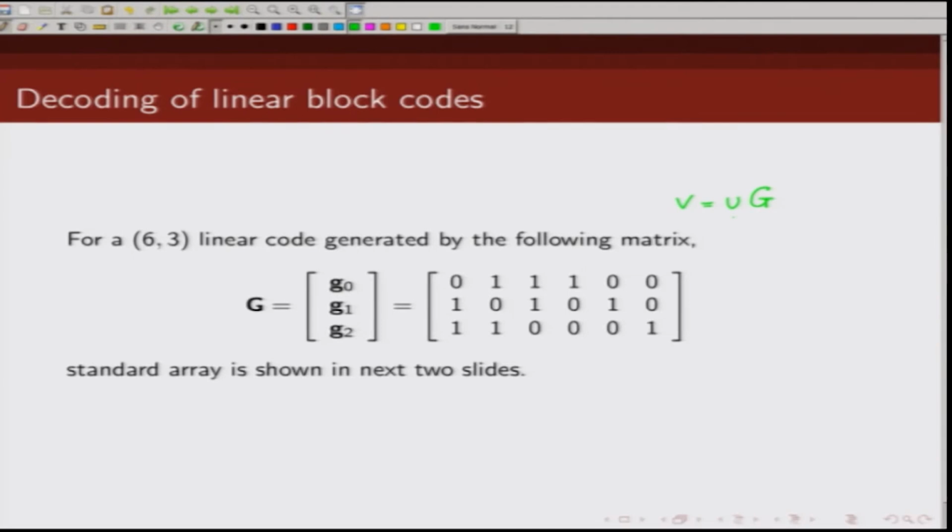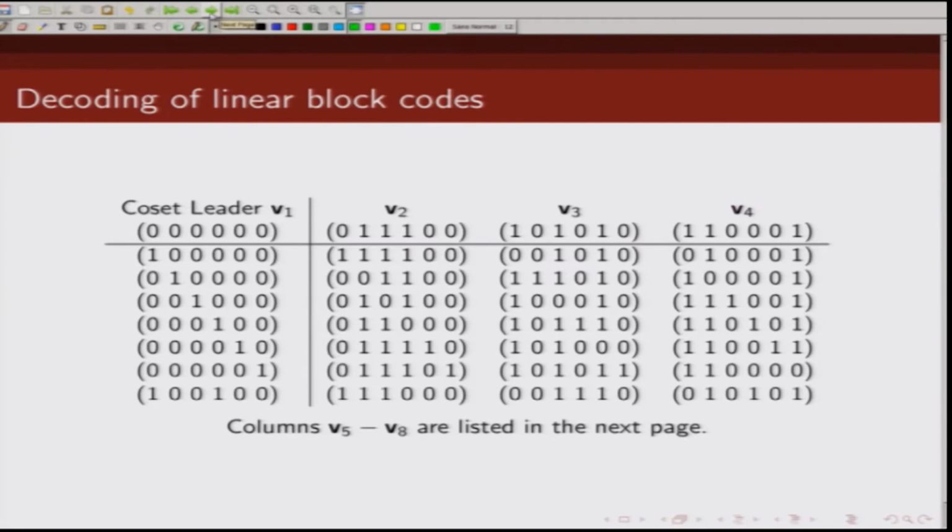and you can find those 8 code words because you know the G is given to you and you know what is your U. U basically goes from 0 0 0 to 0 0 1, 0 1 0, goes to 1 1 1. So, you can find out what these code words are, and I have listed these code words here. So, you have one all 0 code word, and then the other code words are 0 1 1 1 0 0, 1 0 1 0 1 0, 1 1 0 0 0 1.